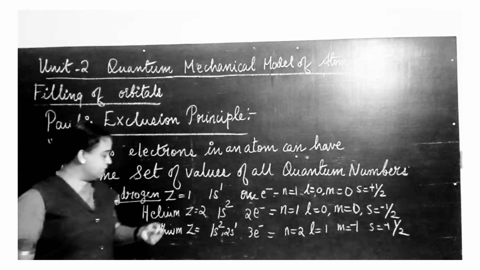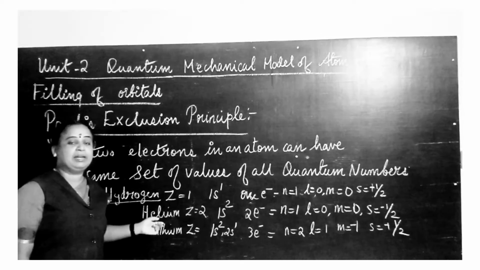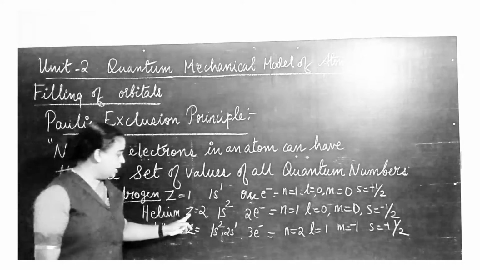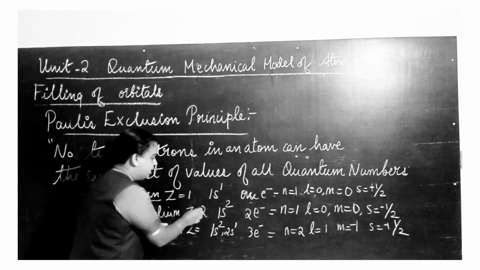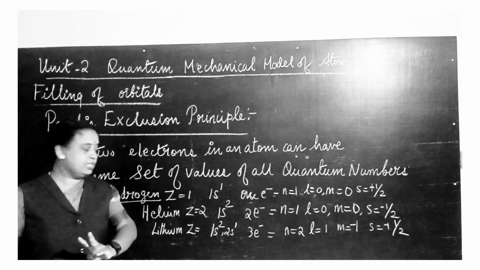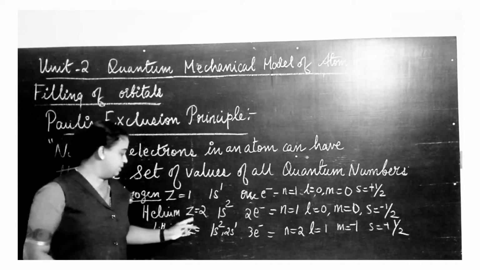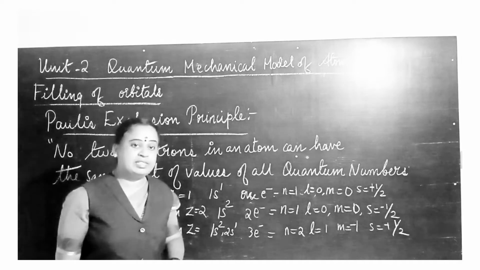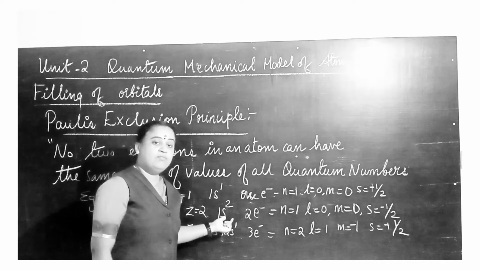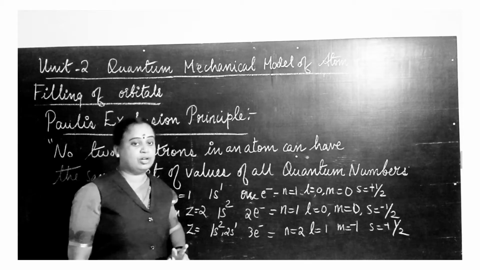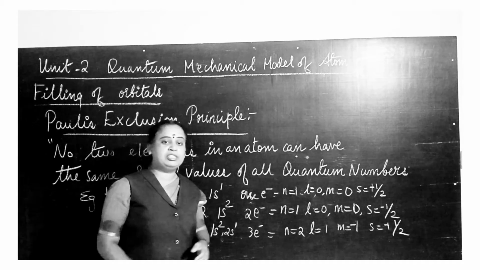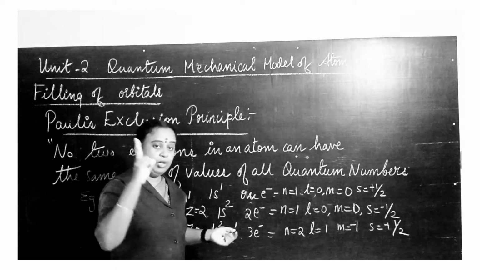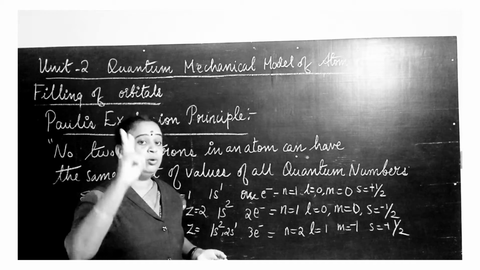Now let us look at the next atom, that is helium. The atomic number of helium is 2. That means 2 electrons are there in the helium atom. Where are these 2 electrons accommodated? In the first shell in the s orbital. The s orbital can accommodate only 2 electrons.